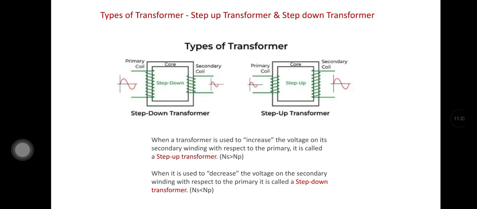Now suppose we apply 220 volt AC, 50 Hertz across the primary windings, and let's give an example that we are achieving 24 volt AC across the secondary windings. So 24 volt is less than 220 volt AC, so we can say it's a step down transformer.